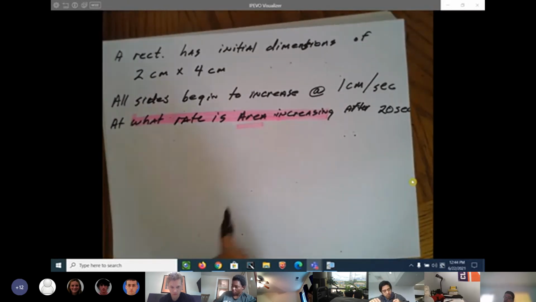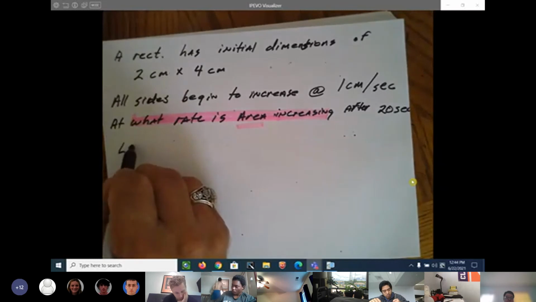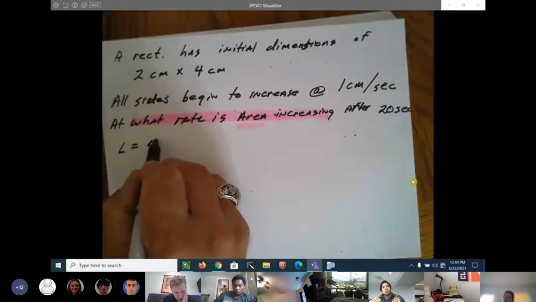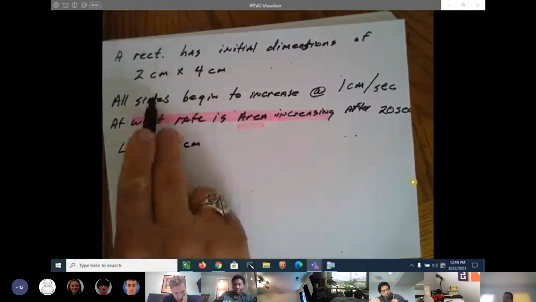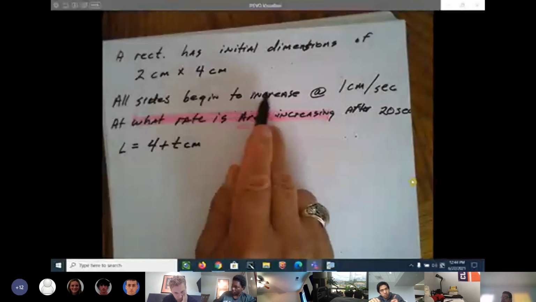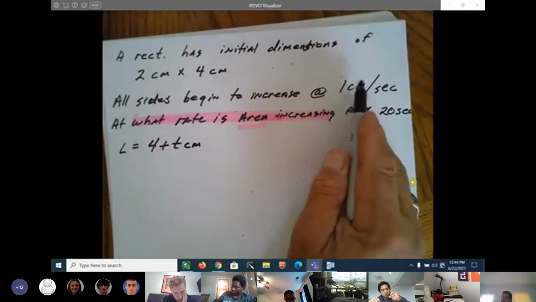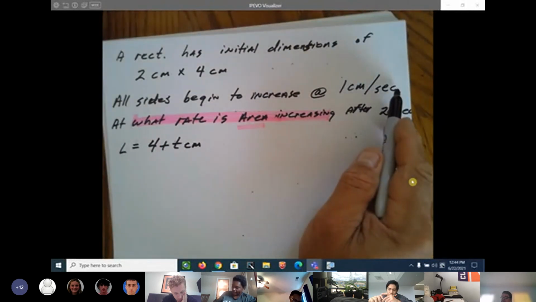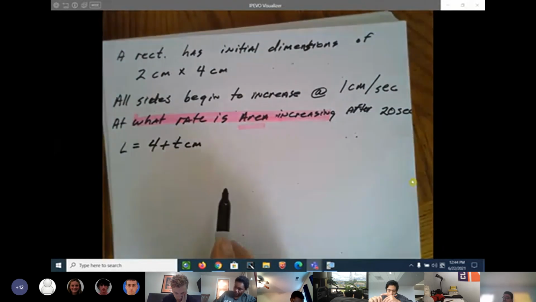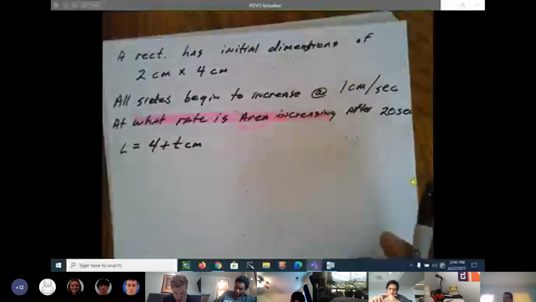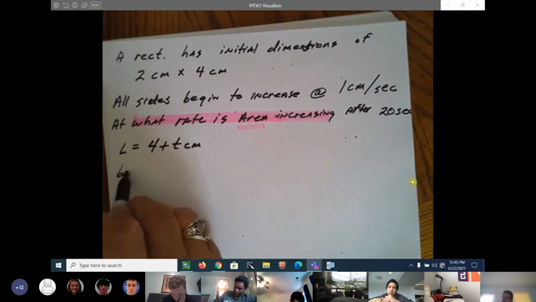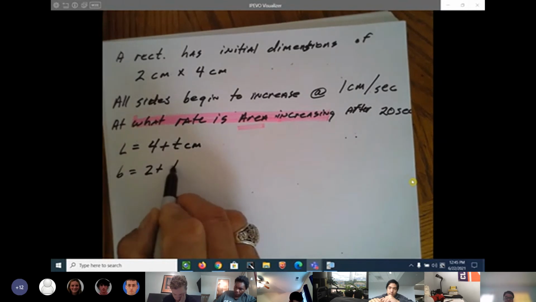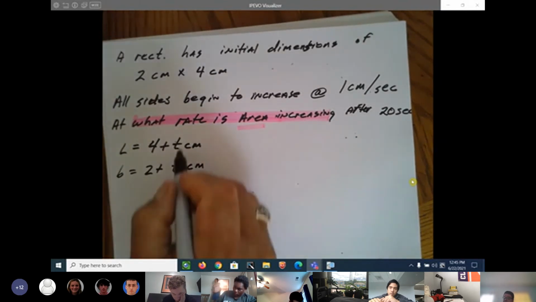We know that the length is equal to 4 plus t centimeters, because it says all sides begin to increase at 1 centimeter per second. And 1 over 1 is 1, so that's t centimeters. And the base is equal to 2 plus t centimeters.